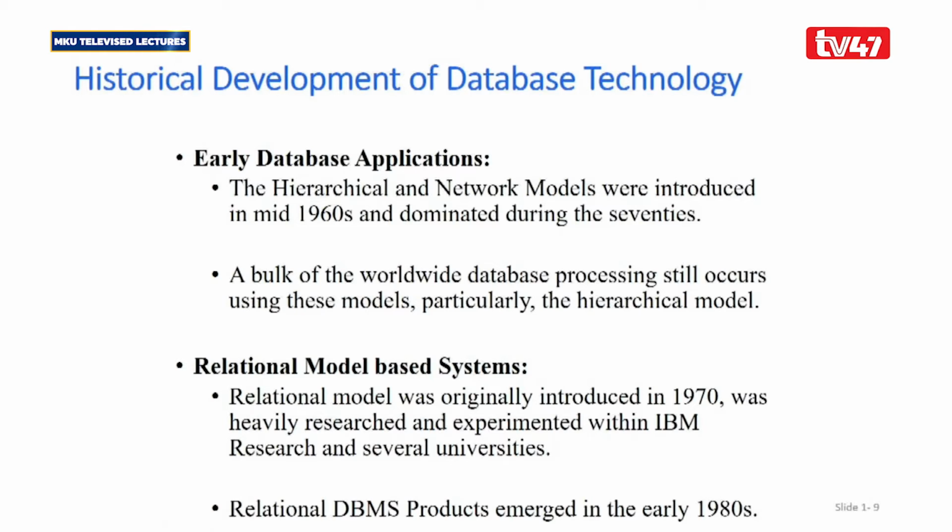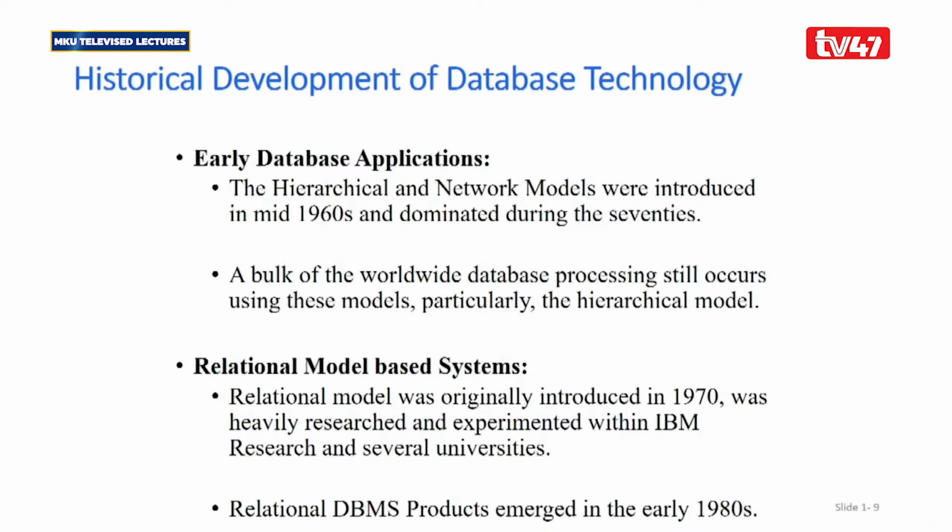We also have a hierarchical model that takes the form of a tree, from top going downwards. So basically, a bulk of the worldwide database processing still occurs using these particular models. But there are more advanced technologies which have always come up. As you can see, this is a technology that came around in the early 60s.